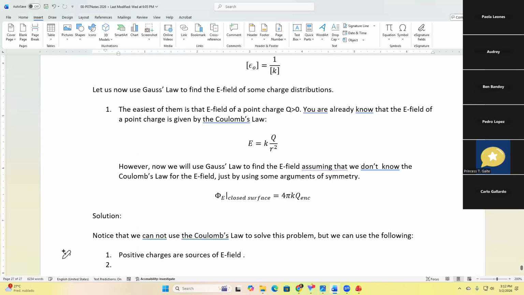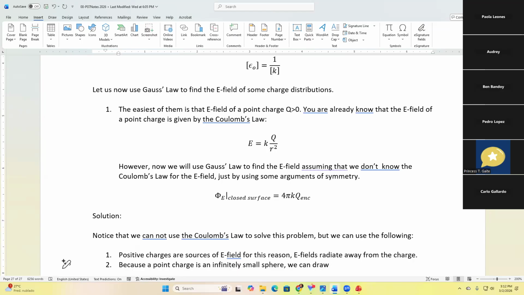For this reason, E fields radiate away from the charge. Because a point charge is an infinitely small sphere, right?